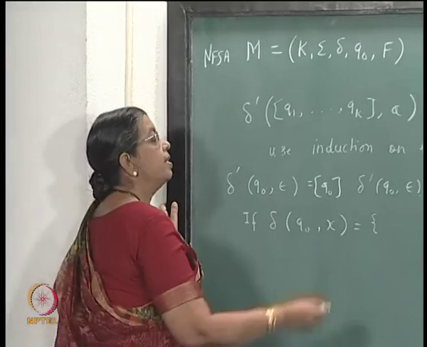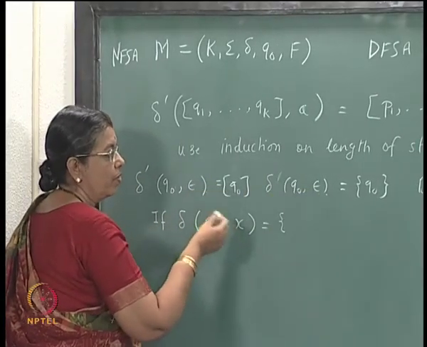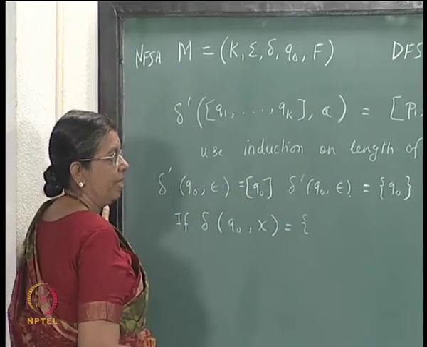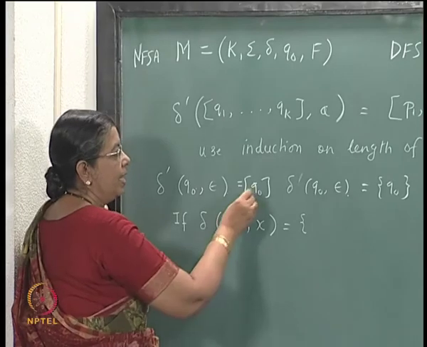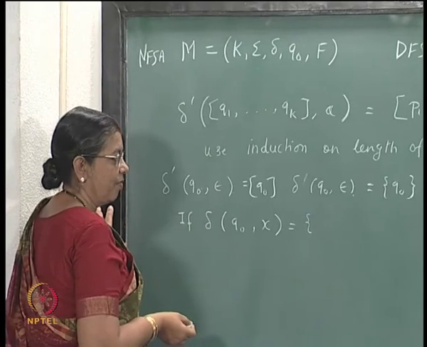So if epsilon is in the language, it will be in this language and so on. So if it is accepted by this, it will be accepted by that. If Q naught is a final state, it can be accepted by the non-deterministic FSA and also by the deterministic FSA.